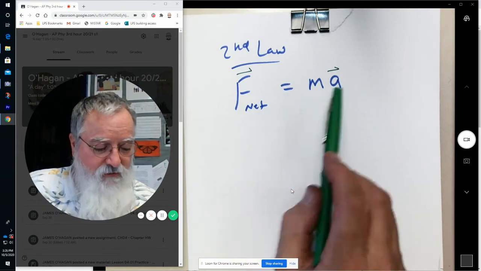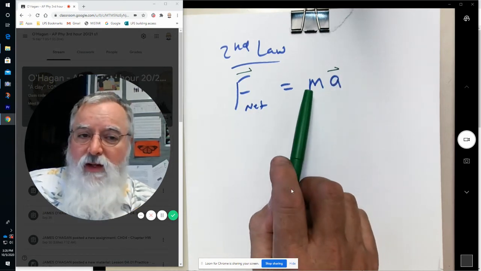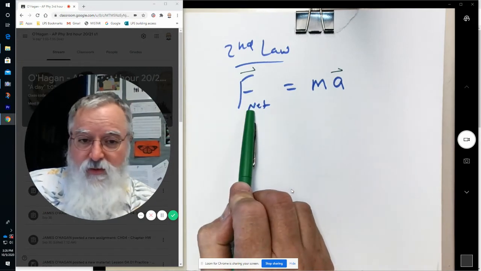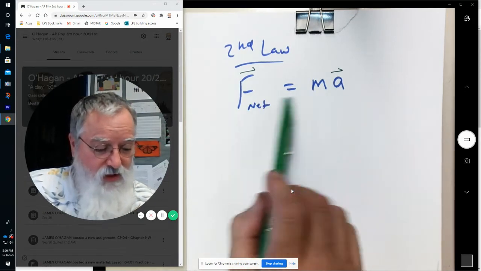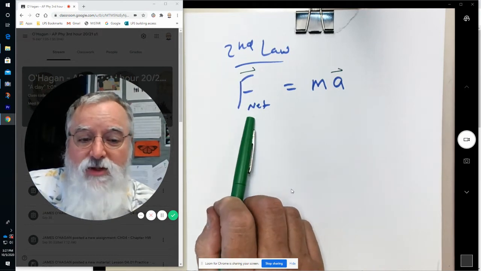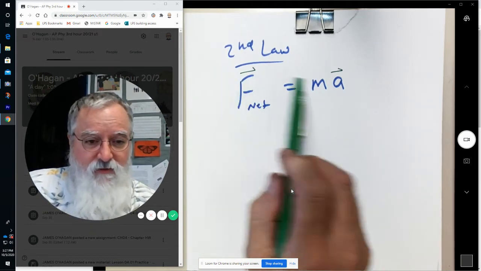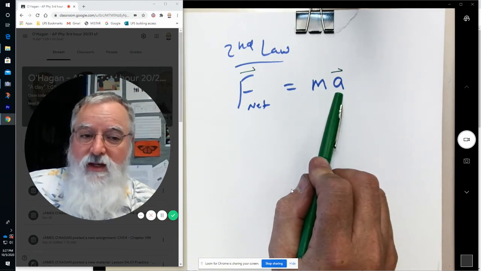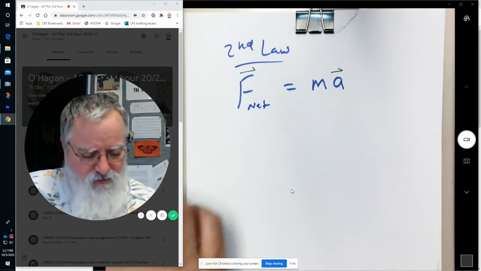But in physics, you've got to do it all. Both the magnitudes on both sides have to be equal, and the direction of the net force is equal to the direction of the resulting acceleration. Now, this should make sense.